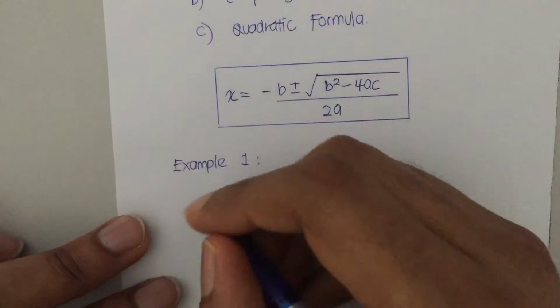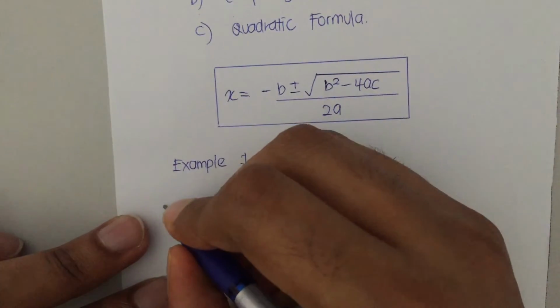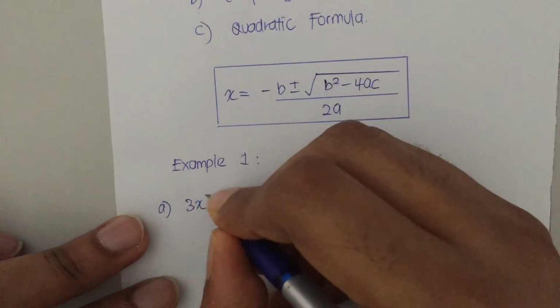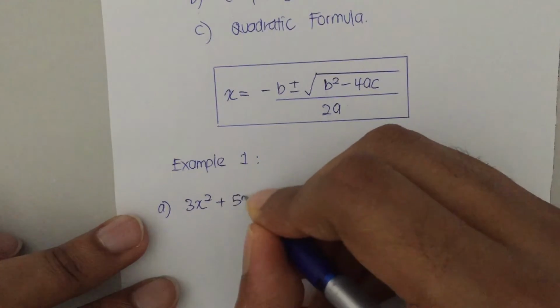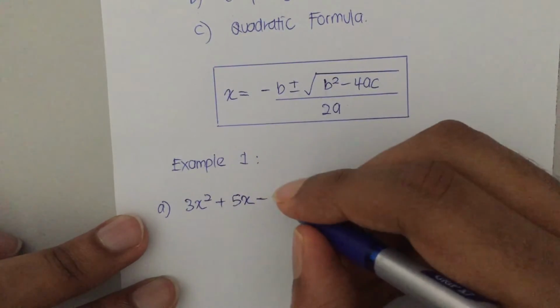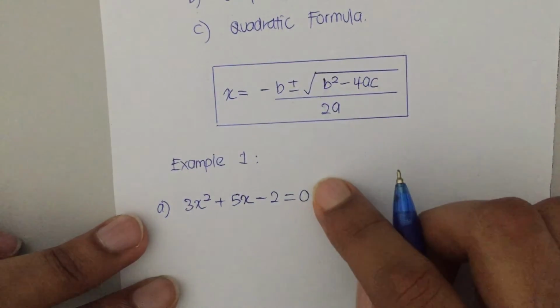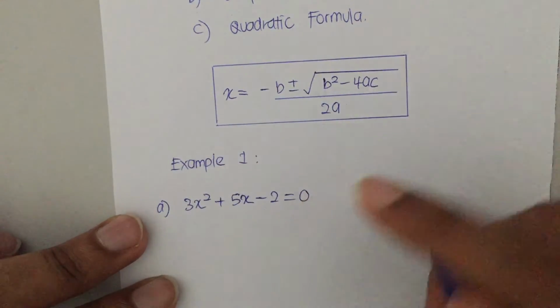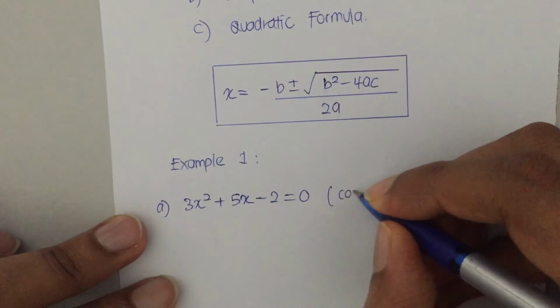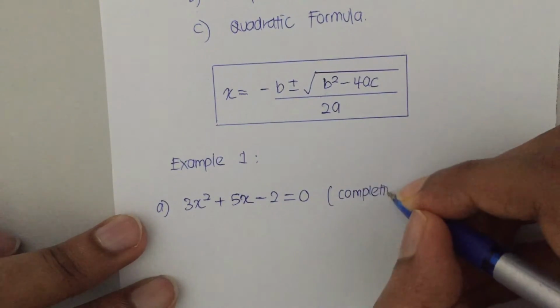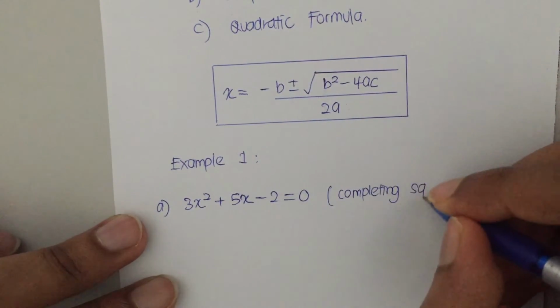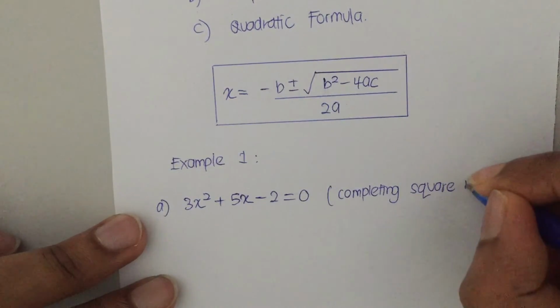Say for example, 3x squared plus 5x minus 2 equals 0. We're going to solve this quadratic equation using the completing the square method.